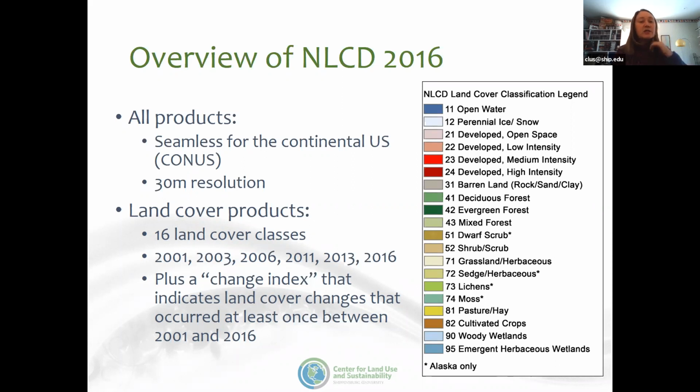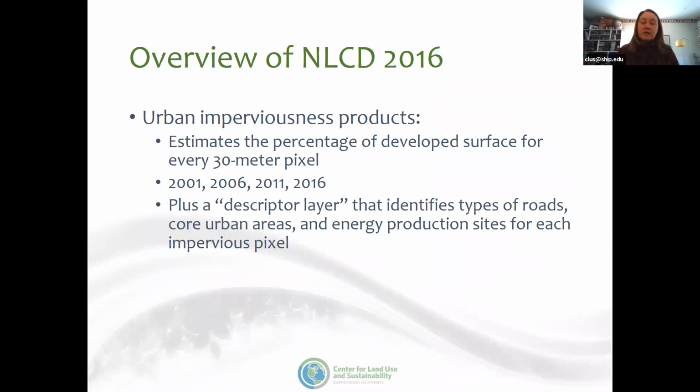Plus there's a change index map that indicates land cover changes that occurred at least one time between 2001 and 2016. And I'll show a couple of examples of that in a second. There's also, like the 2011 product, the 2016 edition includes urban imperviousness products. And with these products, there's an estimate at every single pixel, the percentage of developed impervious surface within that 30-meter pixel.